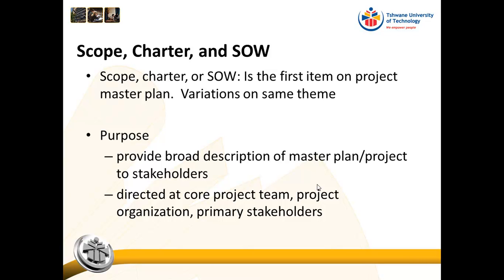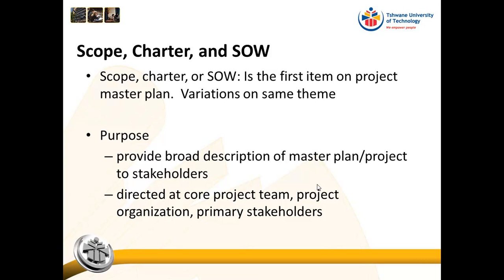Alright, so the charter, as you've seen, is a high level summary of everything that is happening on the project. So we address cost, we address schedule, we address the basic approach that we are going to follow, we address the stakeholders, the objectives, etc. But this is at a high level, and the main purpose of that is to give the project manager authority to start expending resources in the organization to do the project.